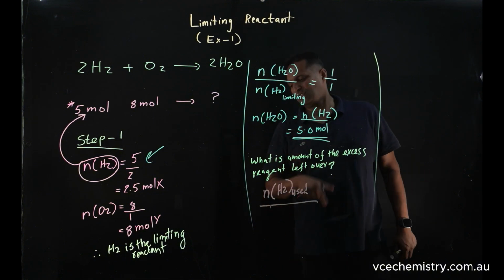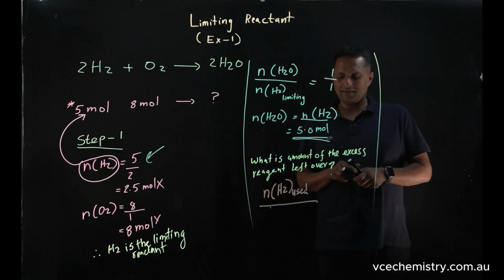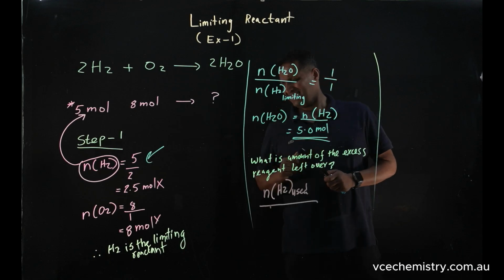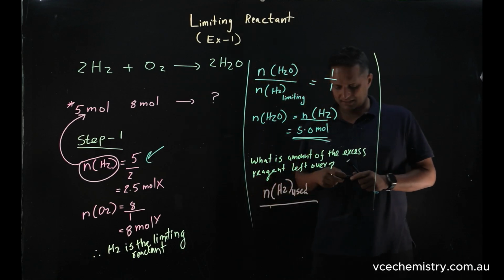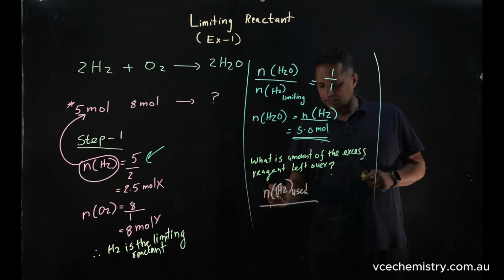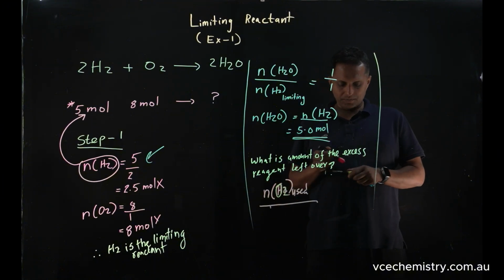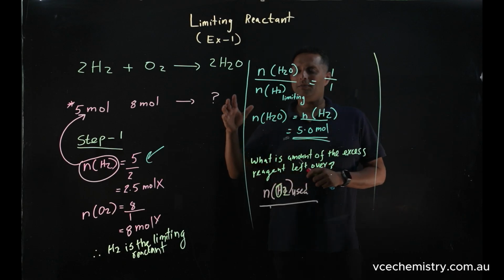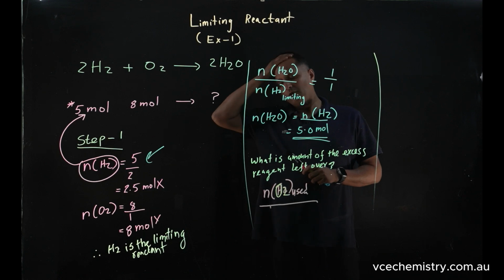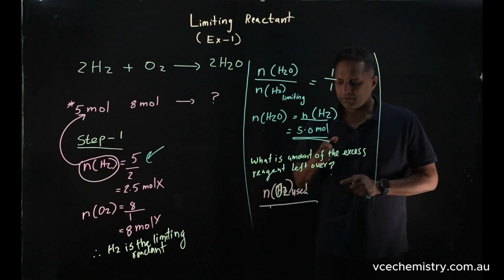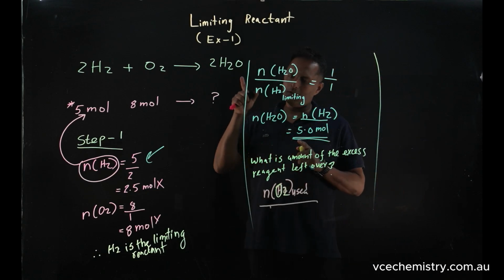I made a mistake. Not the hydrogen. Our excess is oxygen, not the hydrogen. Sorry about this. The number of moles of oxygen used is your unknown, because we need to find out how much oxygen will be left over.